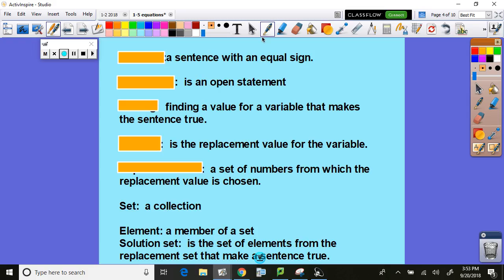So today we're going to talk more about sentences, equations, etc. So blank, a sentence with an equal sign. Hopefully you remember that that is an equation.